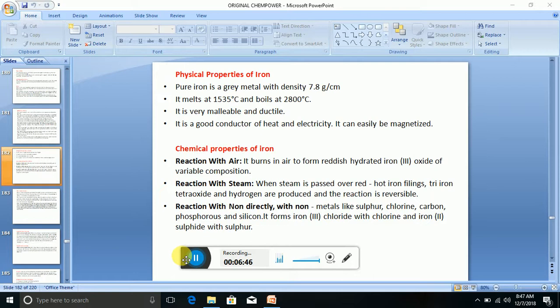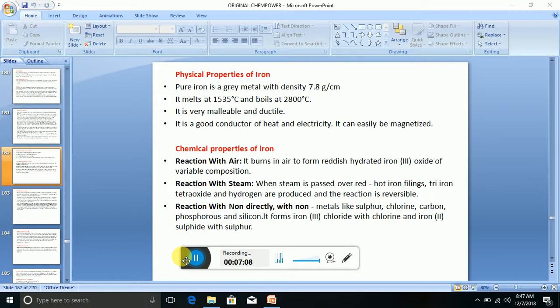Reaction with steam. When steam is passed over red hot iron filings, tri-iron tetraoxide and hydrogen are produced, and the reaction is reversible.